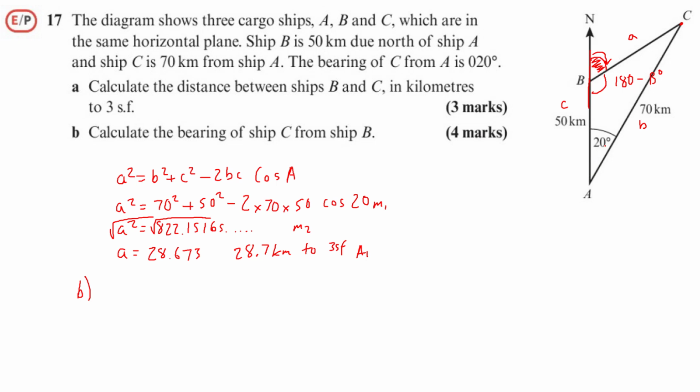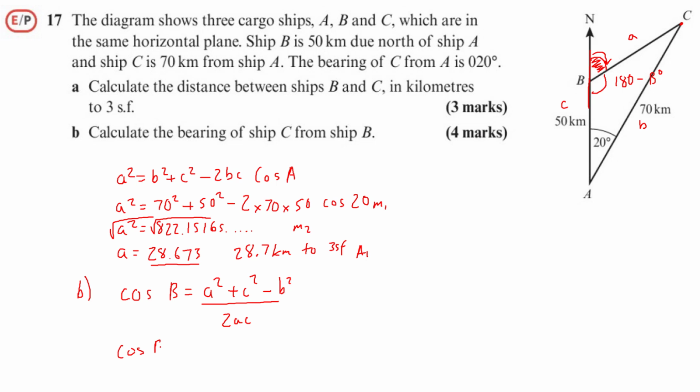So we've got big B, little b, so just rearranging the cosine rule to find a missing angle. So you would have cos B equals a squared plus c squared minus b squared over 2ac. So from here it's just substitution, which you're good at. Now we know a here now.